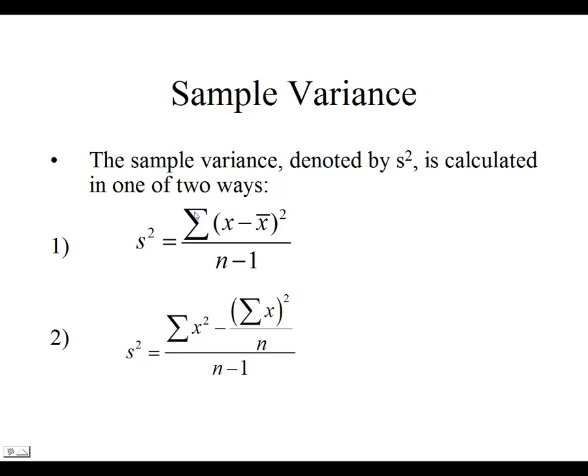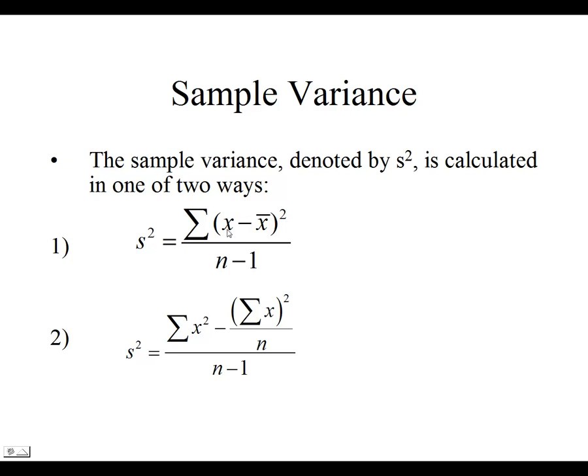The capital sigma, the big E looking thing, means we're going to add up each of these values. Now, the parentheses indicate that we have to do whatever is inside the parentheses first, and then raise it to the exponent.